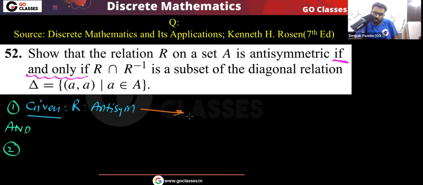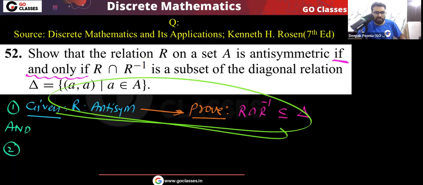Then prove that R intersection with R inverse is a subset of the identity relation, or I can say the diagonal relation. Okay, this is the first statement that we need to prove.